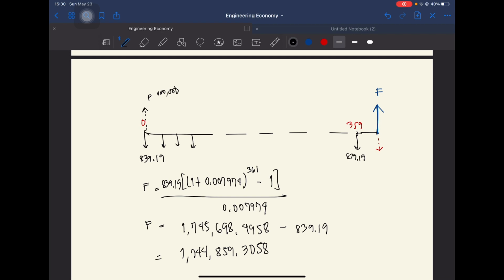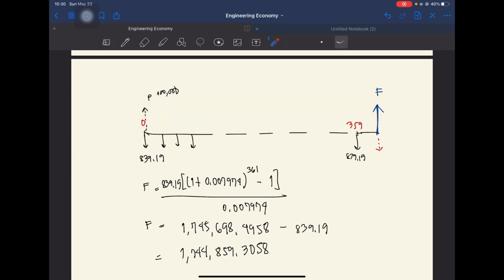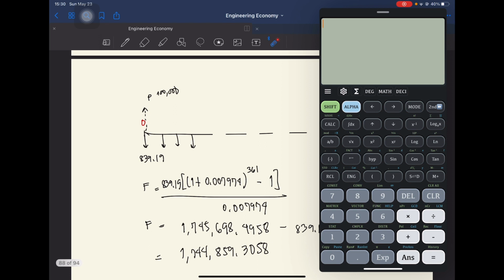Anyway, pagka ginawa natin tong sigma, pagka nag-future worth ka, di ba dadalhin mo lang naman lahat yan eh. Consider mo lahat as single payment, tapos dadalhin mo doon sa huli. Tama ba? Then, we can just write sigma 839.19.